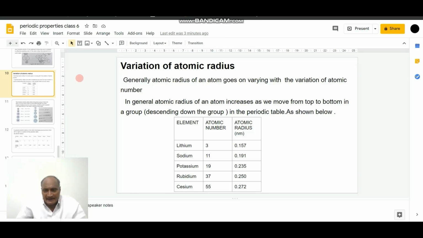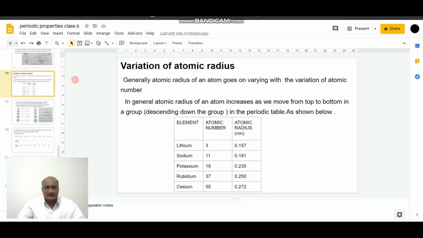As you know already, the periodic properties depend upon the atomic number. So as the atomic number of the elements goes on varying, the atomic properties also go on varying.